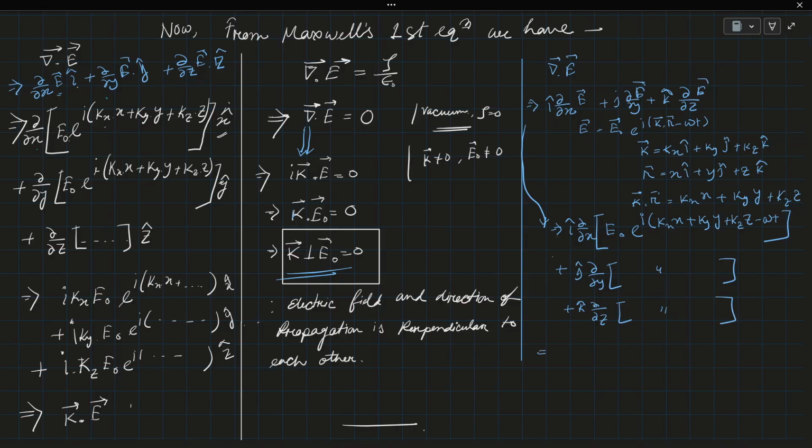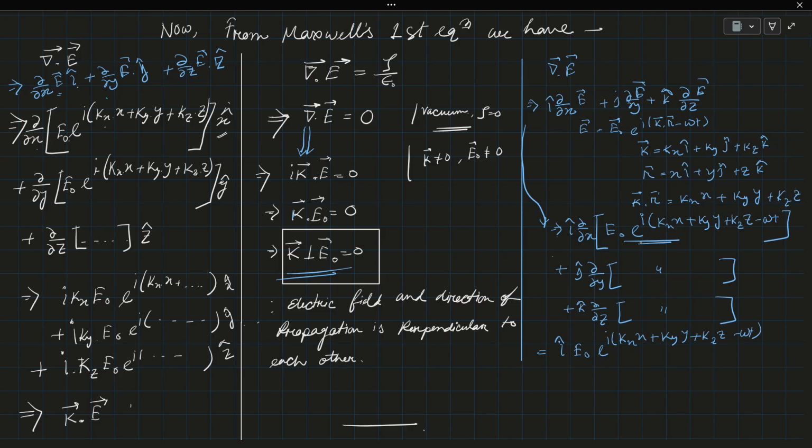So if I differentiate this term with respect to x, what I will get is i cap, and then E naught e to the power i (kx x plus ky y plus kz z minus omega t).